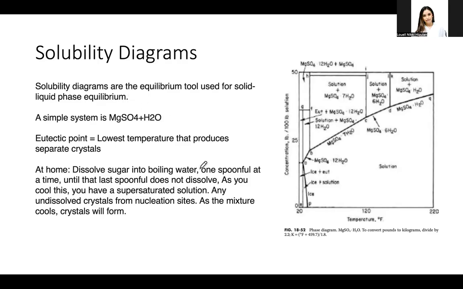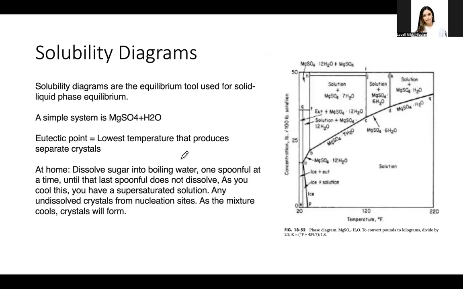An example can be seen on figure 18-52 in the ninth edition Perry's. Phase diagram of MgSO4 and water.